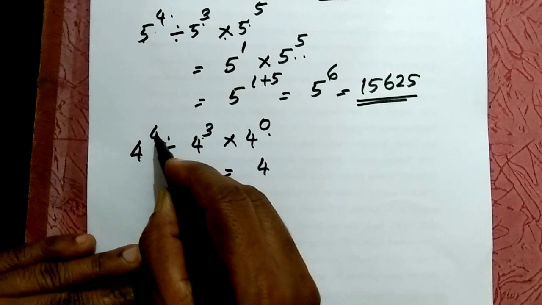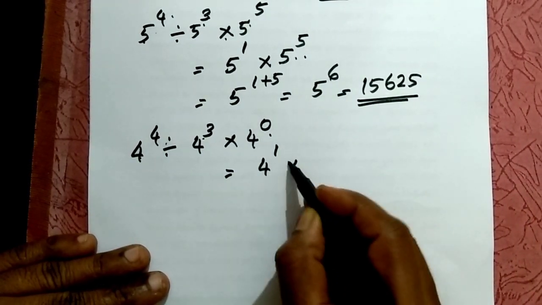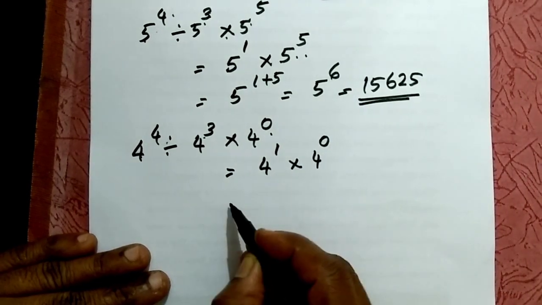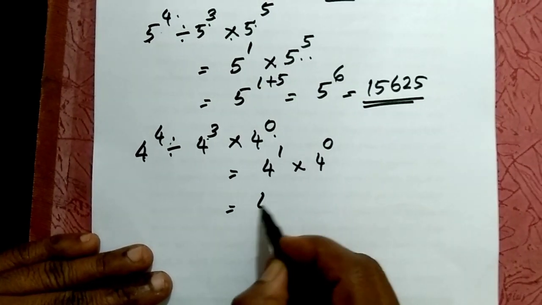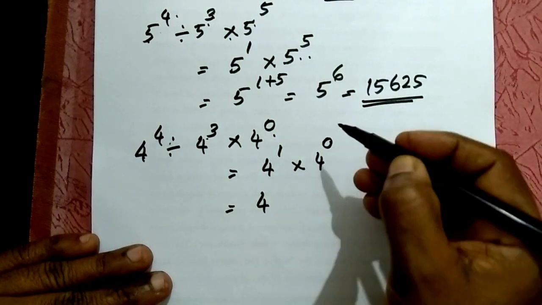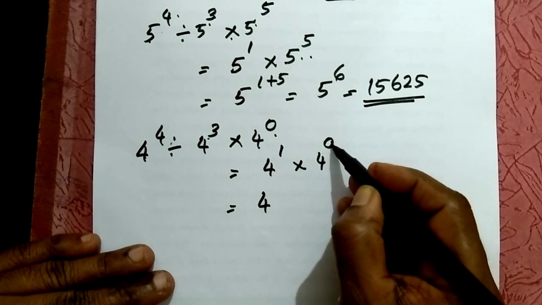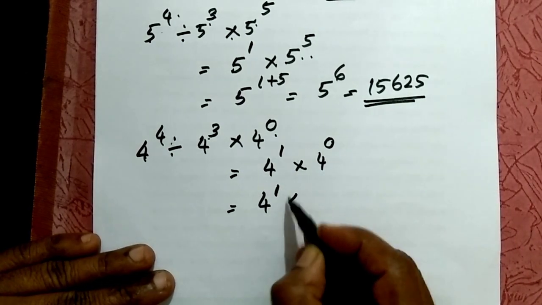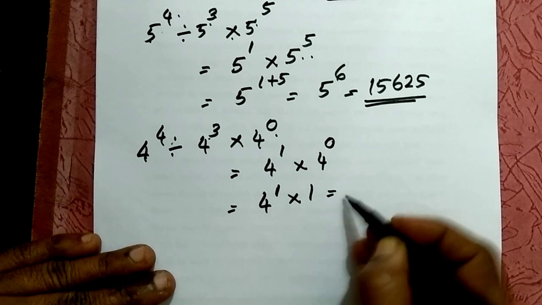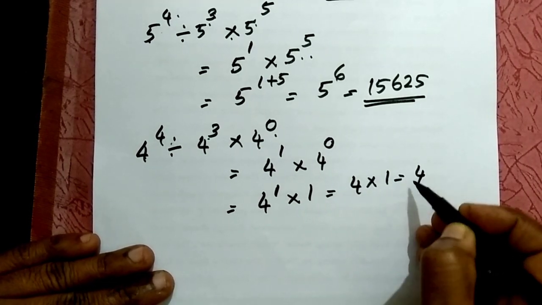For m is 4, n is 3, so 4 minus 3 is equal to 1, into 4 raised to 0. Then 4 raised to 1 into, what is 4 raised to 0? 4 raised to 0 is 1, because we have learned that any non-zero number raised to power 0 is equal to 1. So 4 raised to 1 into 1. What is 4 raised to 1? 4 raised to 1 is 4, into 1 is equal to 4.